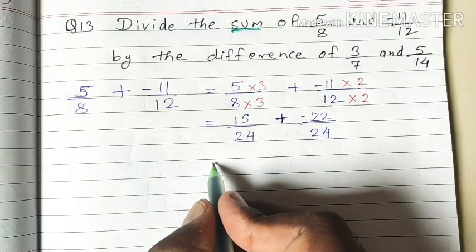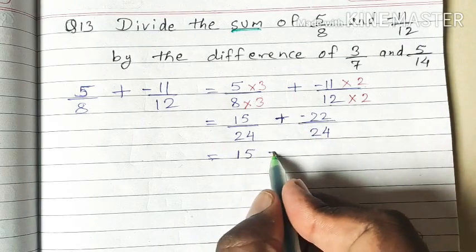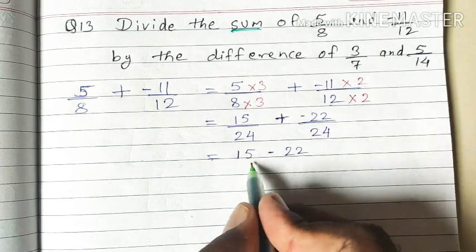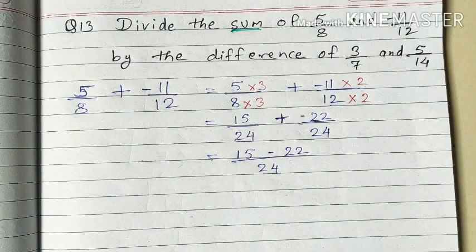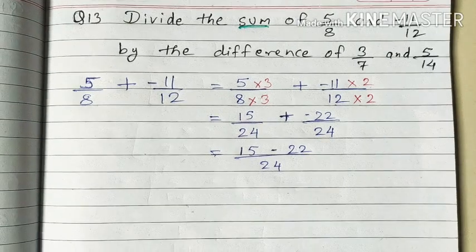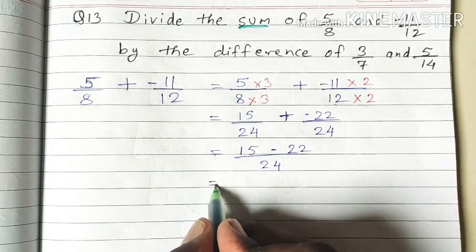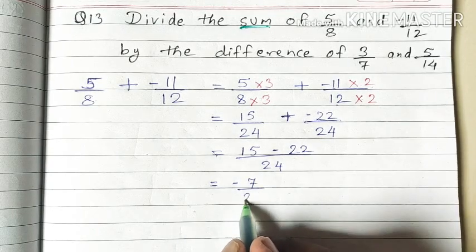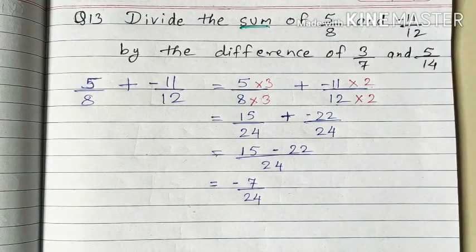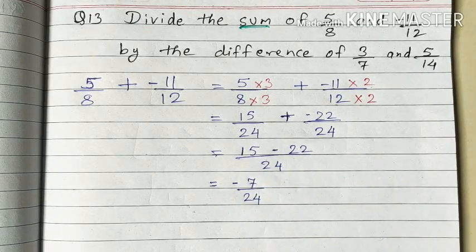So finally we can write it in this way: 15 plus minus 22 upon 24. Okay. Understood till here? Then 15 minus 22, the answer is minus 7 upon 24. Correct? Plus minus minus, and the sign of the greater number.